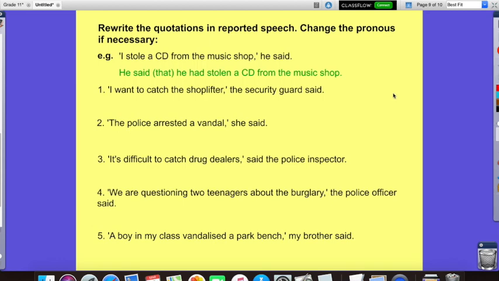The correct answer is the security guard said he wanted to catch the shoplifter.